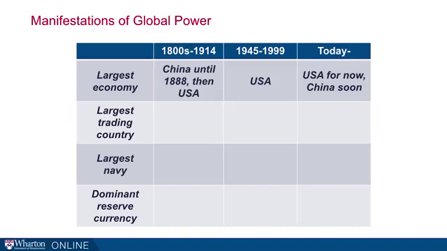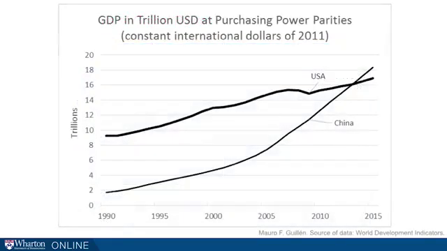So you can see this dynamic on this chart over here, where you see that, at least according to this metric from the World Bank, at roughly the year 2013 or so, the Chinese economy had become bigger than the US economy. I should warn you that not all indicators of the size of different economies in the world show you exactly the same evolution, with some of them indicating that the US continues to be larger than China.